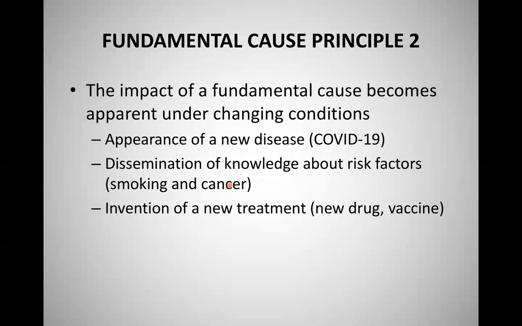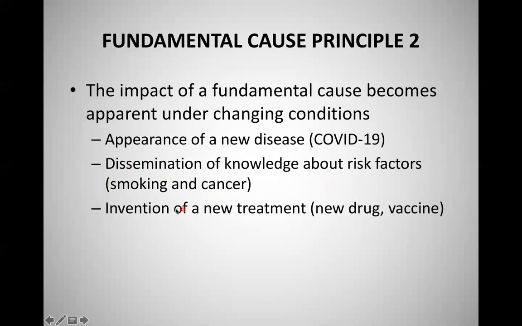I just want to quickly mention that different social groups have differential access to knowledge about risk factors, and different abilities to utilize this knowledge to protect themselves. The dissemination of knowledge, in fact, impacted people's ability to change their smoking behavior, and then later on the risk of some cancers and also cardiovascular disease.